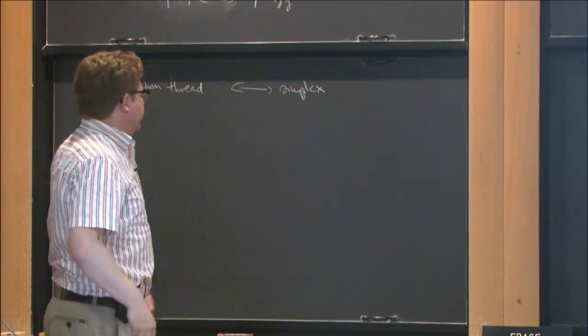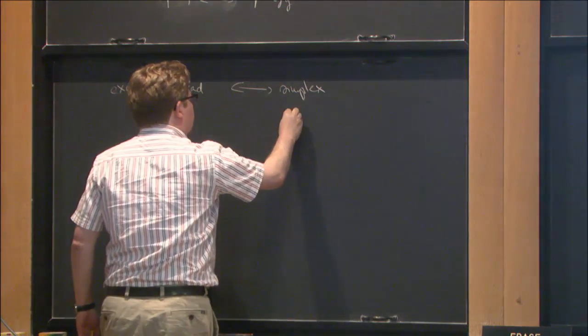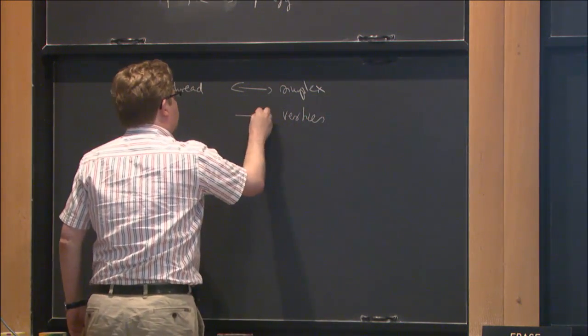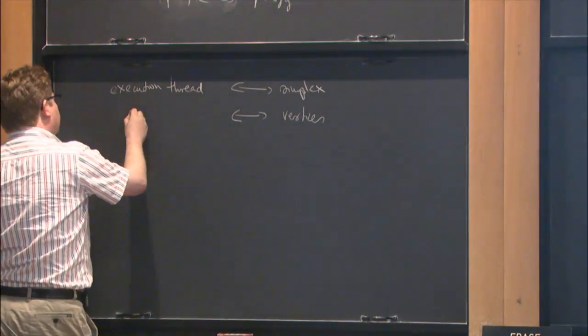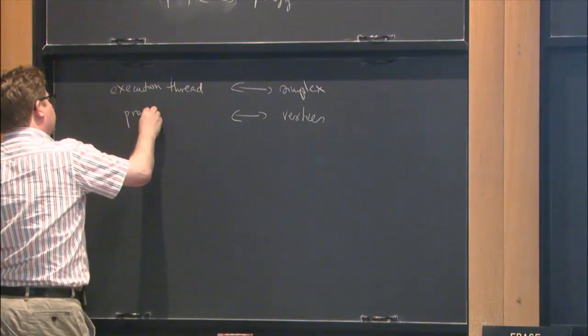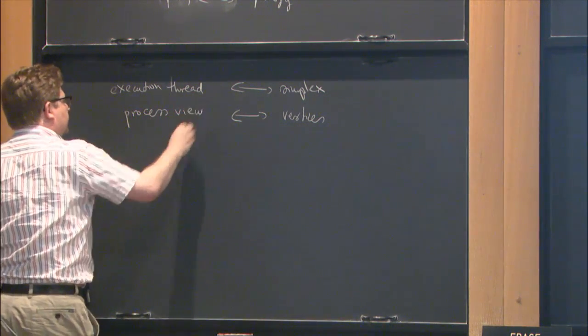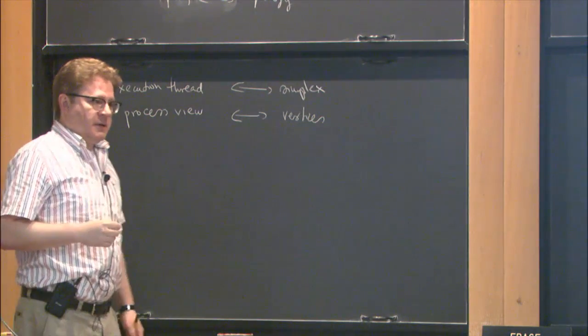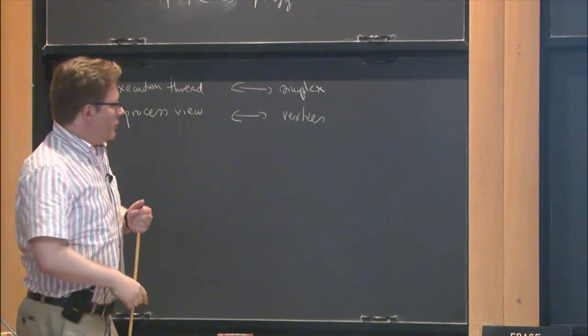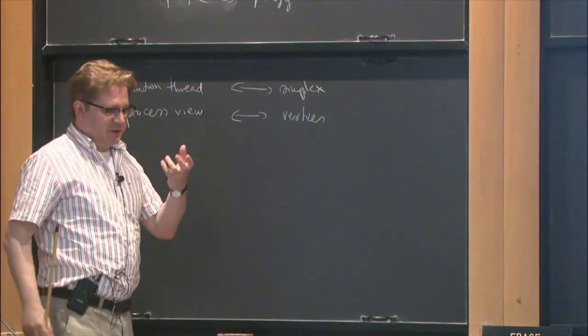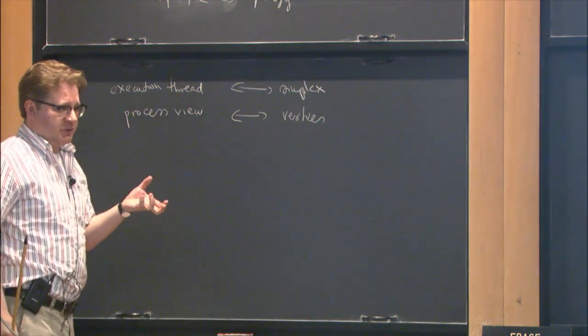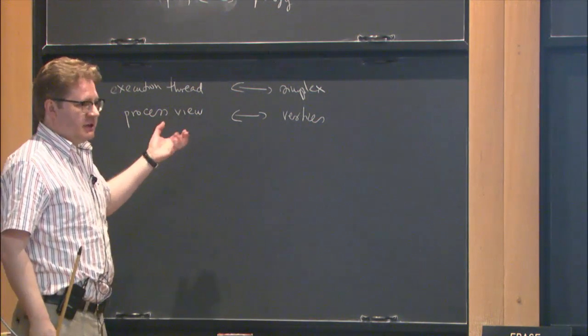And the vertices here correspond to process views. So the number of them for each simplex will be the same as the number of processes. If I have three processes, I'll have triangles.